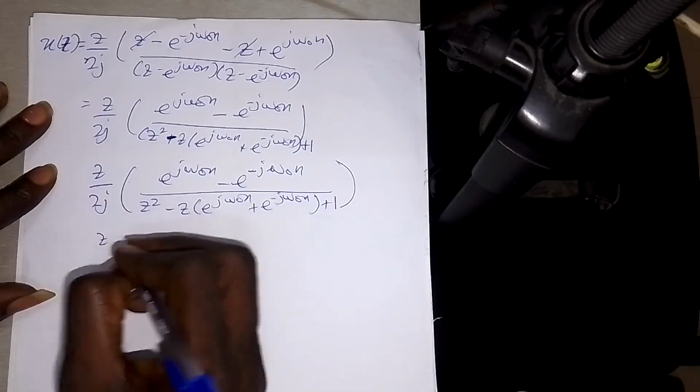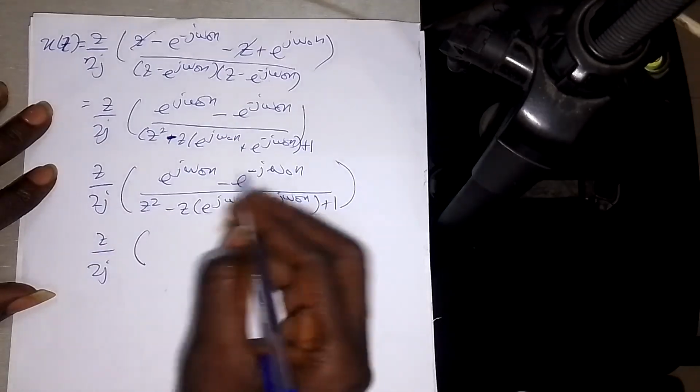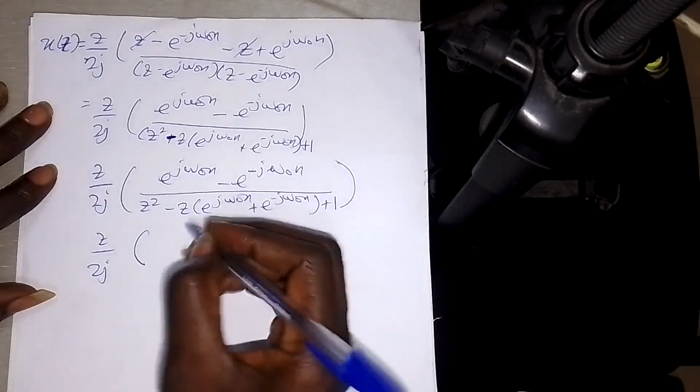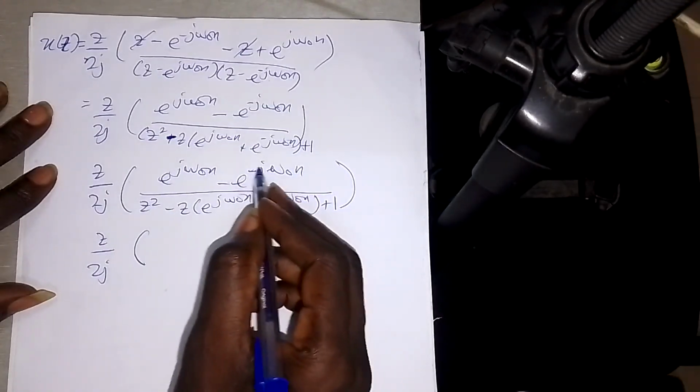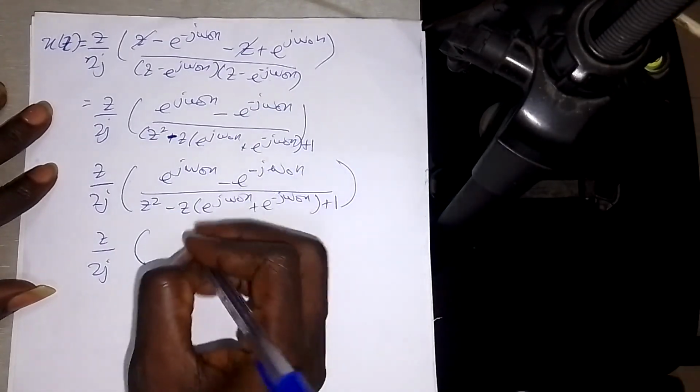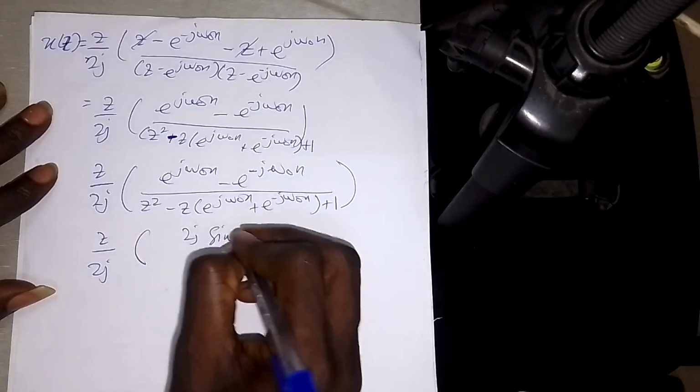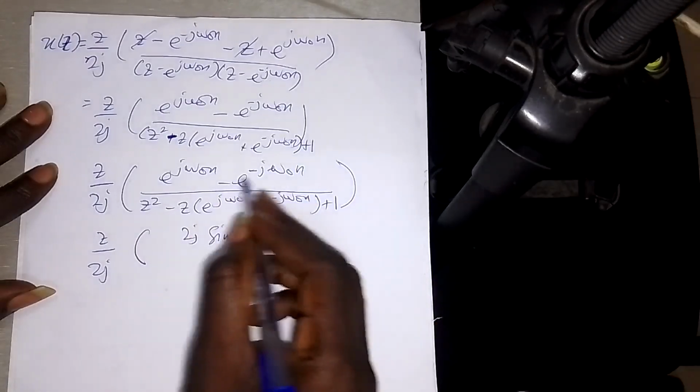Now here, Z over 2j. This one I told you before is going to be 2j sine ω₀n, if you do the expansion like I did before.